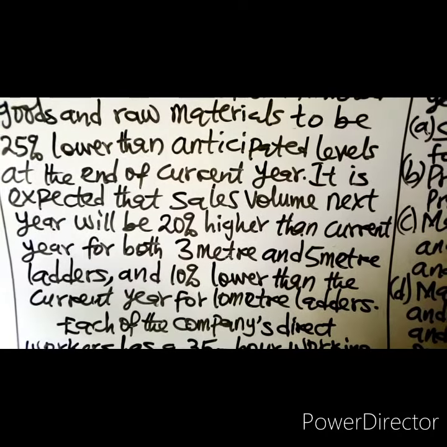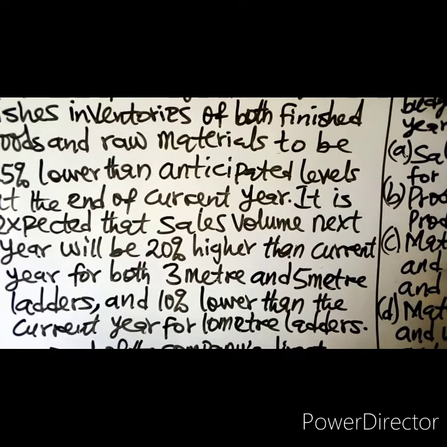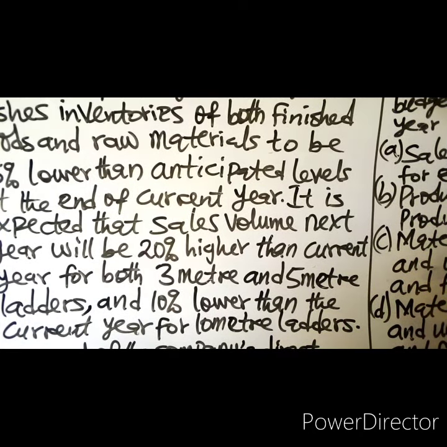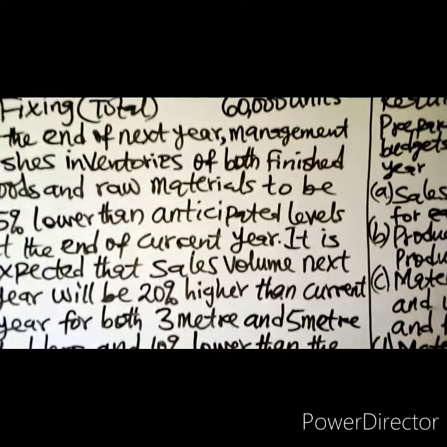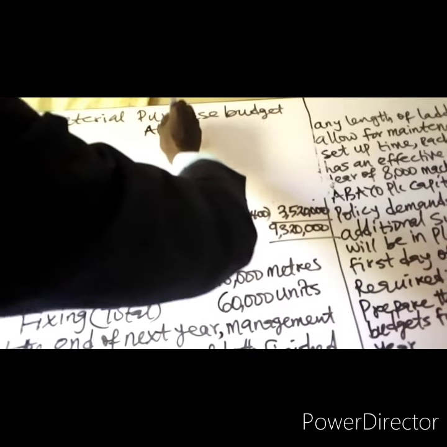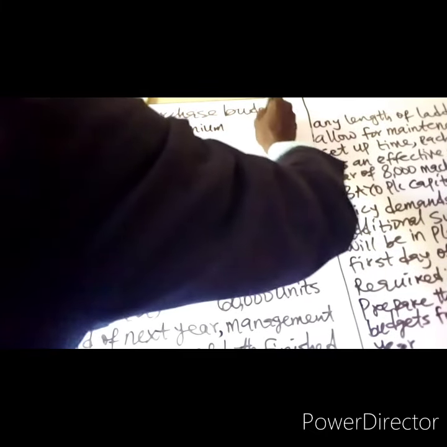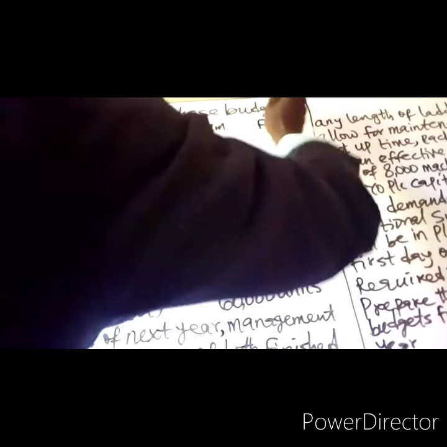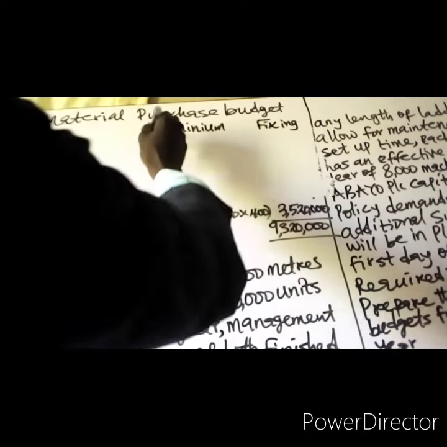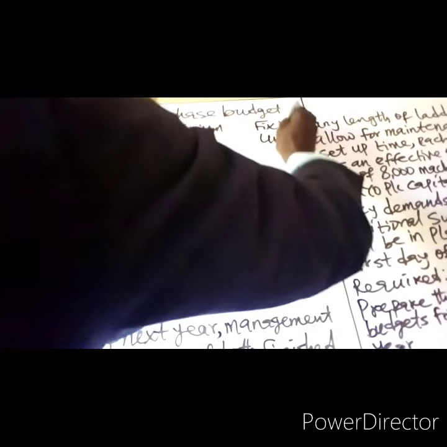You have the material usage plus the closing inventory of raw materials minus the opening inventory of raw materials. Then you have the budgeted purchase quantity. So you have aluminum, then you also have fizzing. Aluminum is in meters, while fizzing is in units.